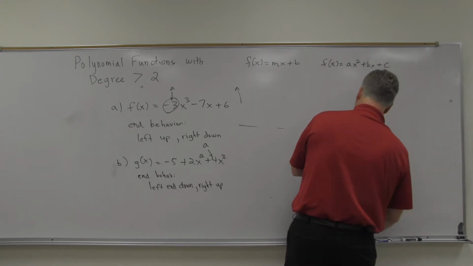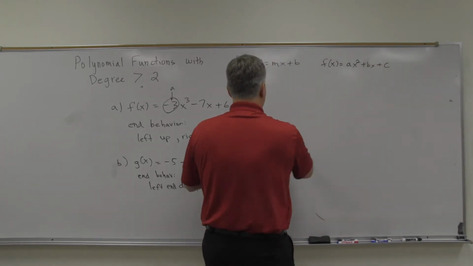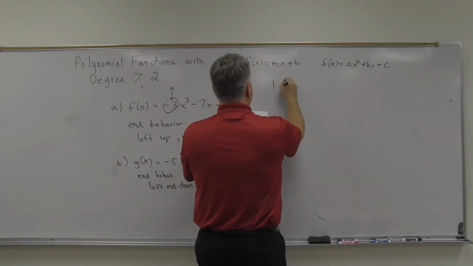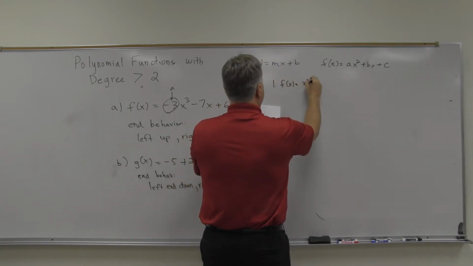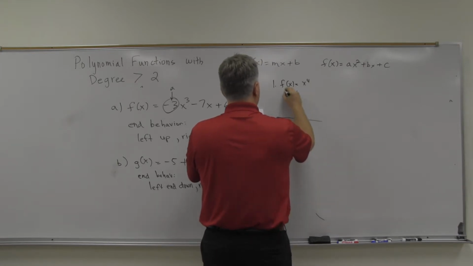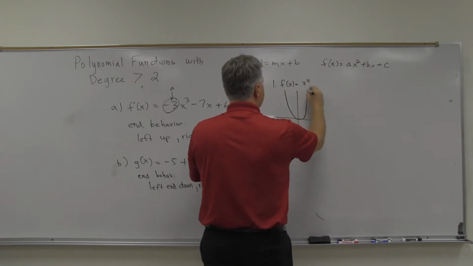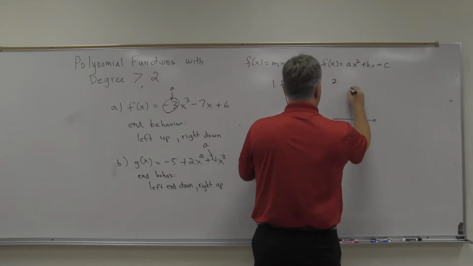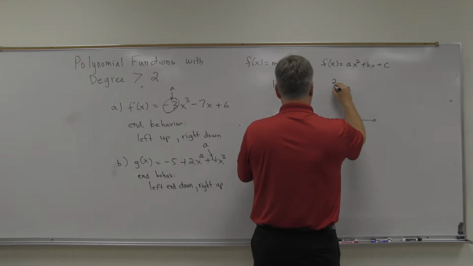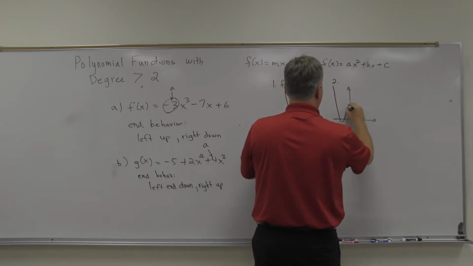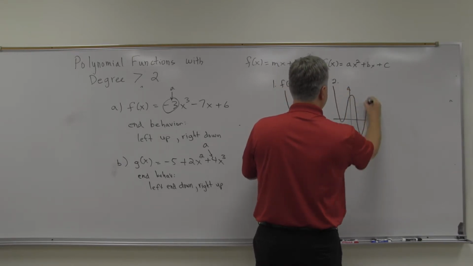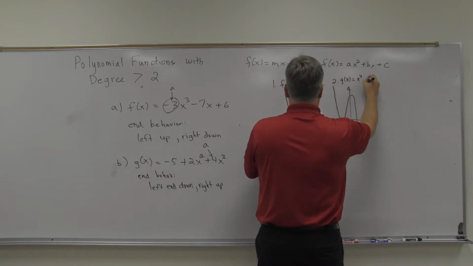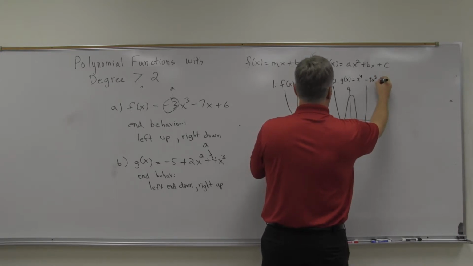All right, so flip to the back side, and I've got 4 examples of the 4th degree. Number 1, f of x equals x to the 4th, the most basic one. Number 2 has a complicated graph, isn't it? That's g of x equals x to the 4th minus 3x cubed, and so on.